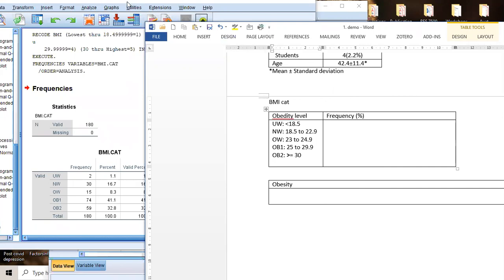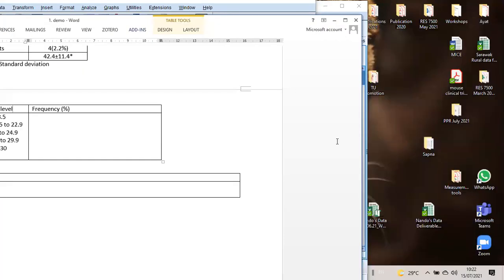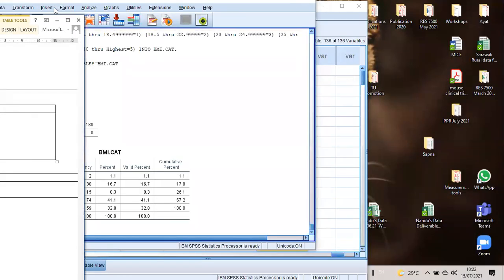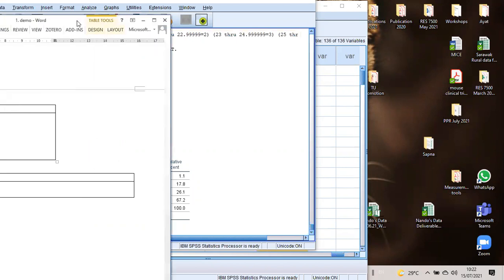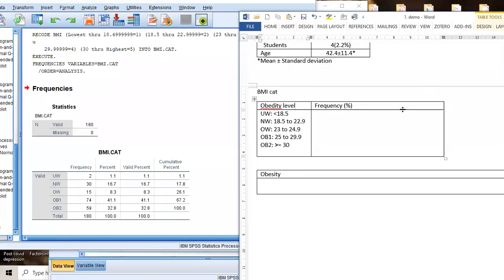So how many percent are underweight? 1.1%. How many numbers? 2, or 1.1%, underweight.